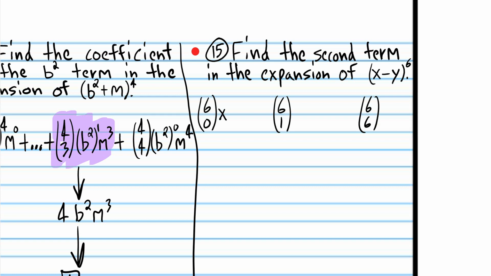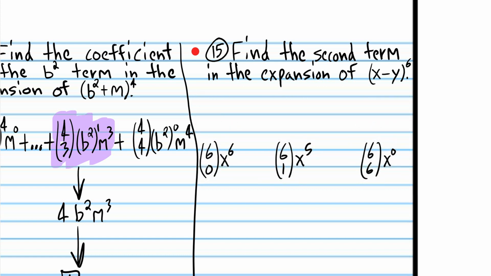So we're going to have x to the 6th, x to the 5th, and all the way down to x to the 0. And maybe we should change this expression just so we know how to use the binomial theorem. So x minus y to the 6th is the same thing as x plus negative y to the 6th.